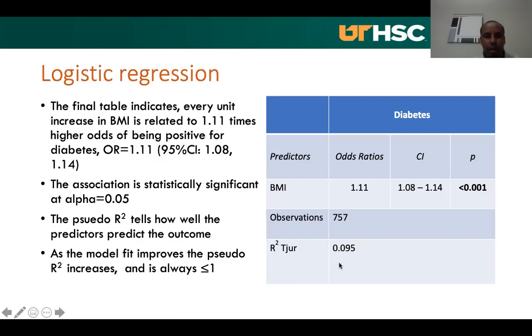The maximum R-square is 1, and the minimum sometimes is close to 0, like here. So the pseudo R-square tells us how well the predictors predict the outcome. And as the model fit improves, the pseudo R-square increases and is always less than or equal to 1.